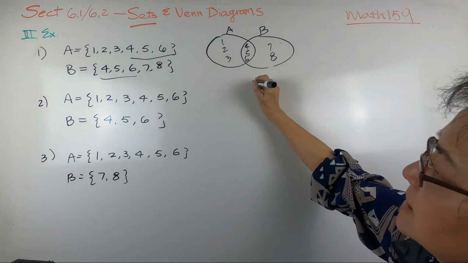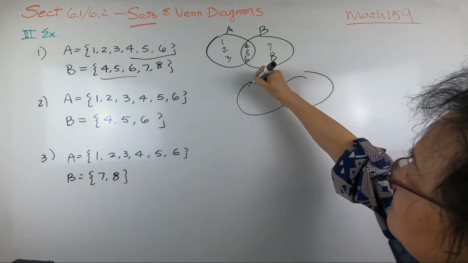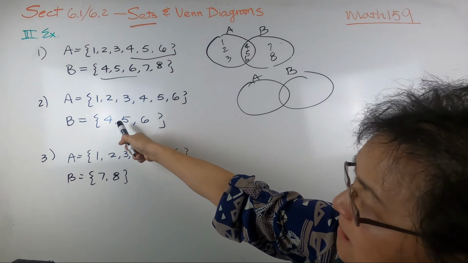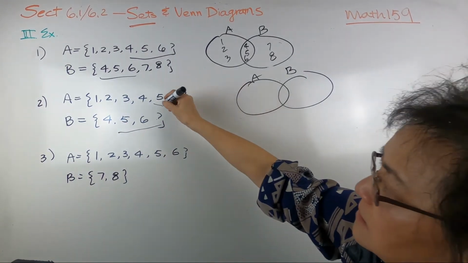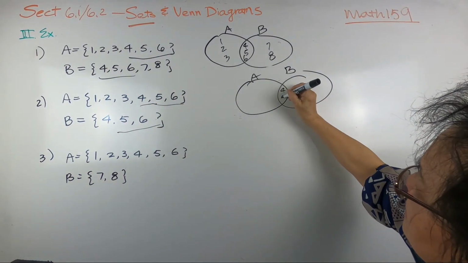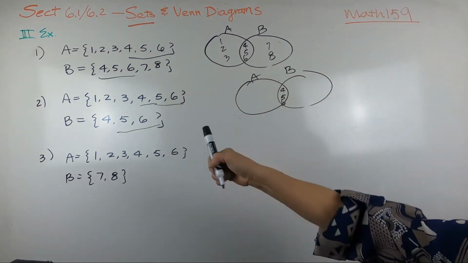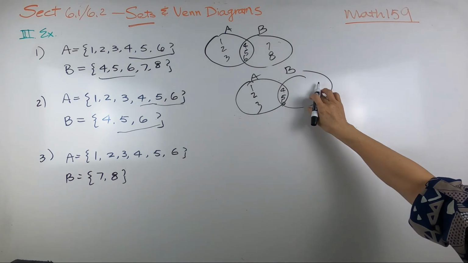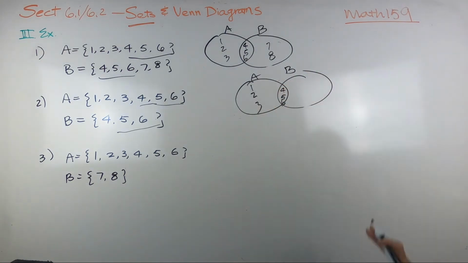How about the second one? You have A and B. What do they have in common? 4, 5, 6, right? So we put 4, 5, 6. Then A has 1, 2, 3. B has nothing else besides 4, 5, 6, so we just leave it as is.